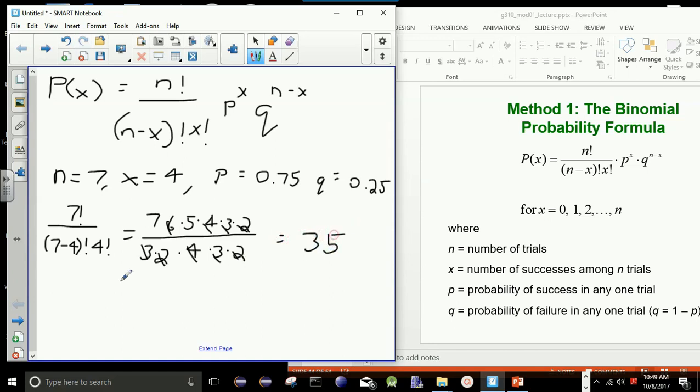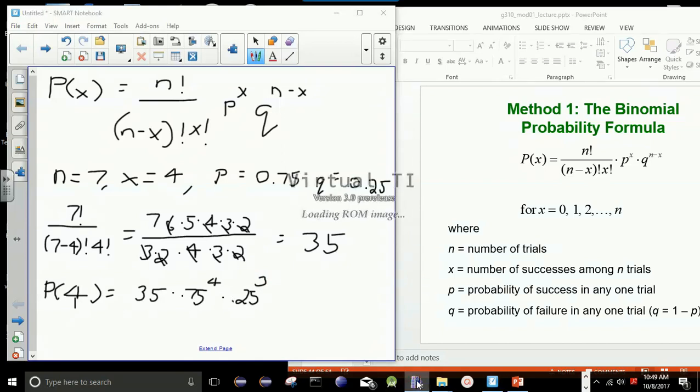So the probability of 4 you would write is equal to 35 times 0.75 to the 4th power times 0.25 to the 3rd power. I'll use my calculator for this.